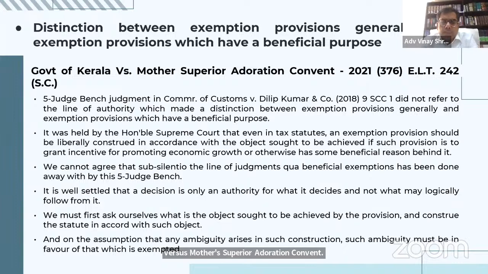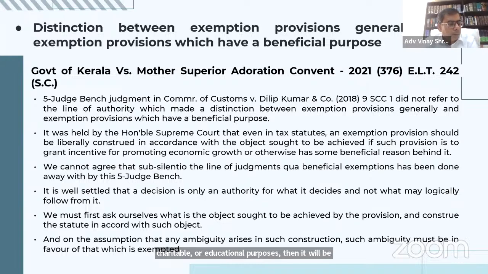Here the issue was that there was an exemption under the Kerala Building Tax Act, where if the building is primarily used or principally used for religious, charitable or educational purposes, then it will be exempted from the tax liability.